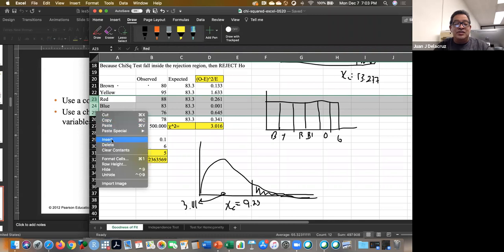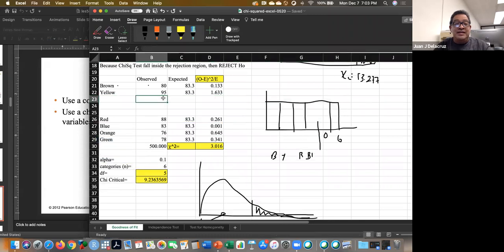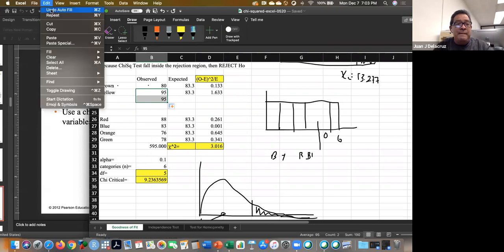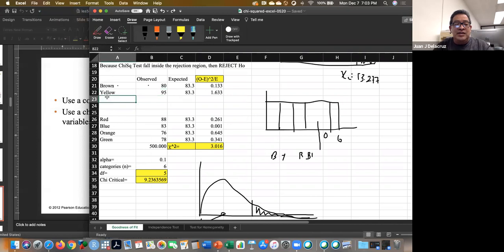So I'm going to insert, let me edit, do autofill. Let's say that we have a color that is called ZZZ, a color that is called DDD, and a color that is called FFF, right? And I have more values here.